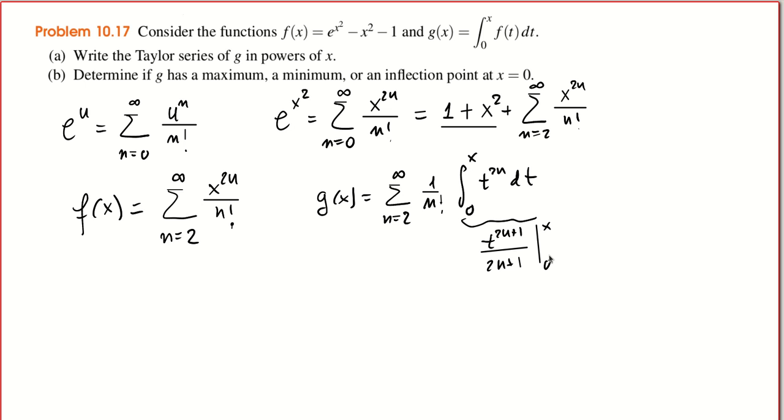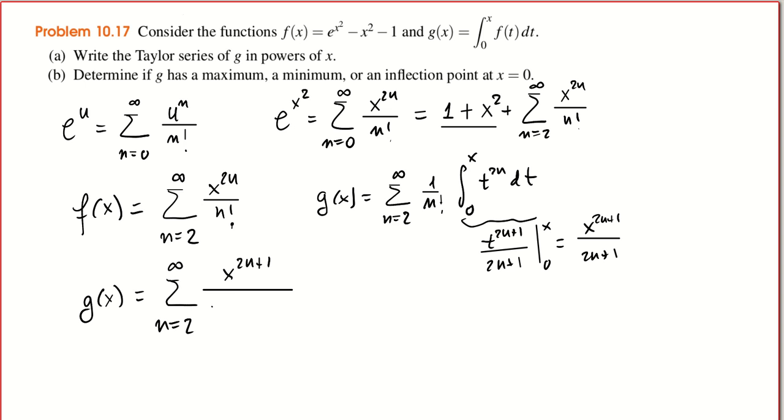Since this function at 0 is equal to 0, this is equal to x to the 2n plus 1 over 2n plus 1. So g has the following power series: the sum from 2 to infinity of x to the 2n plus 1 divided by n factorial times 2n plus 1.